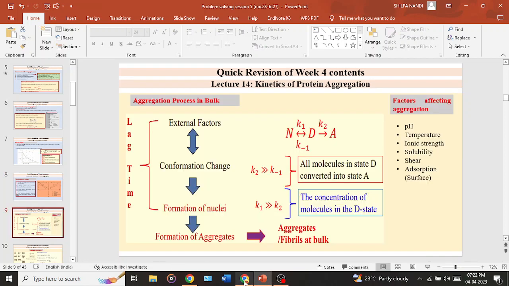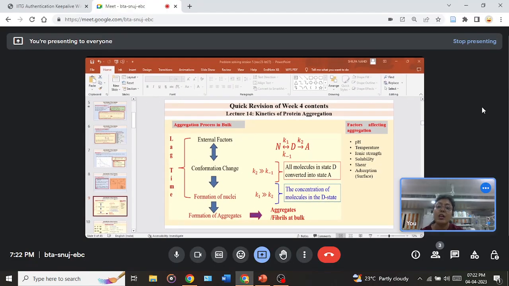So we will move on to the aggregation process in bulk. So how does a protein aggregate in bulk? Various external factors lead to it, as in pH, temperature, ionic strength, solubility, shear, may be any kind of mechanical shear, physical stress, and lastly the surface adsorption.